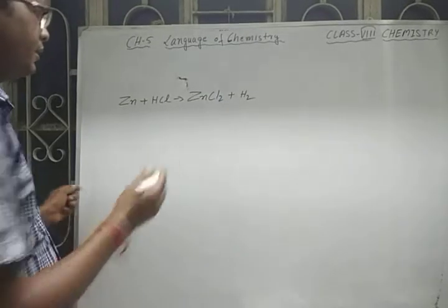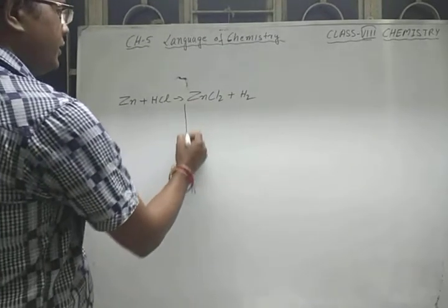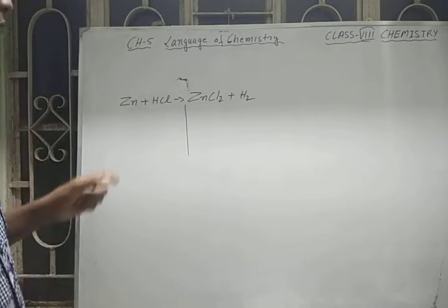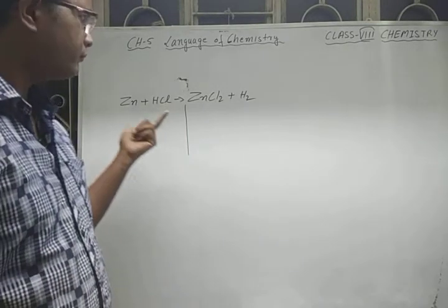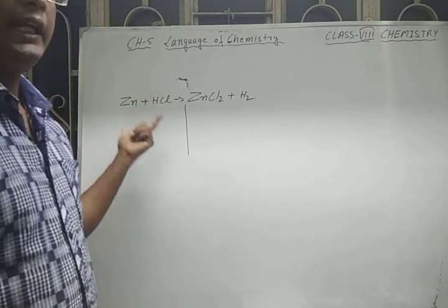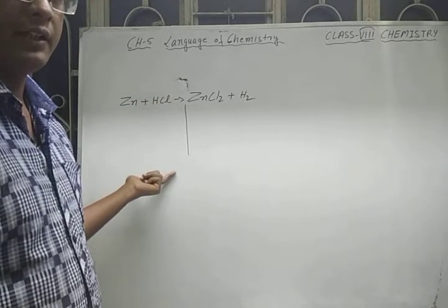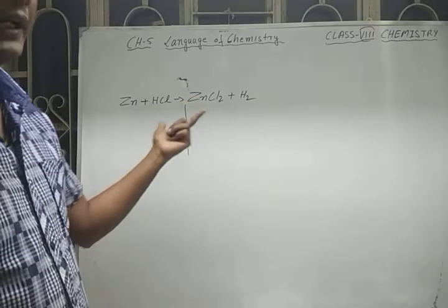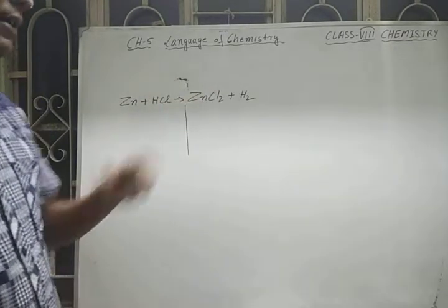What is this method? So what you have to do first? Here first of all, you have to write all the elements which are present in the reactant part and the product part, and you have to write the number of atoms of individual elements present in both.